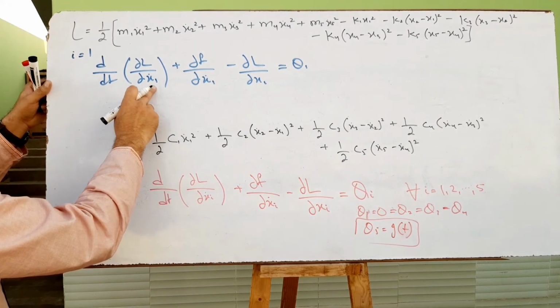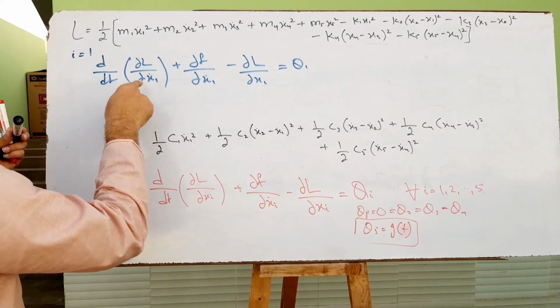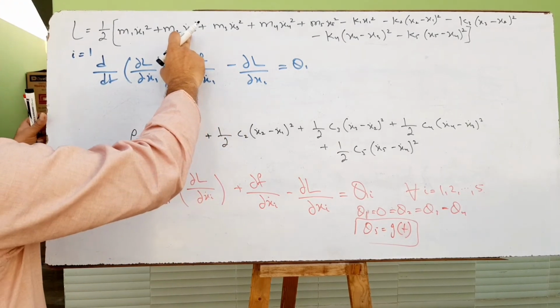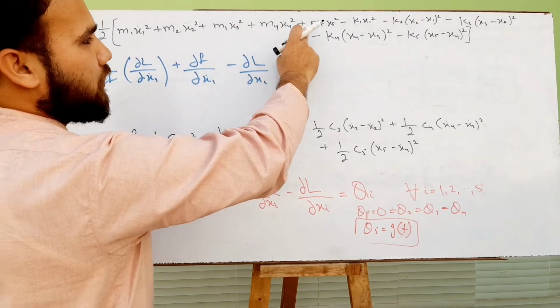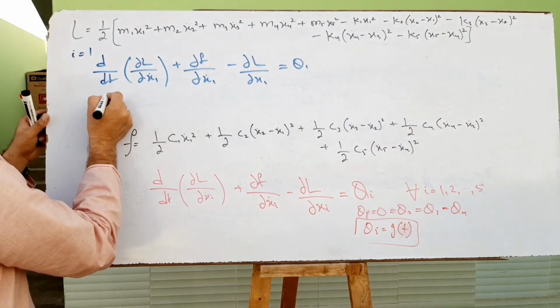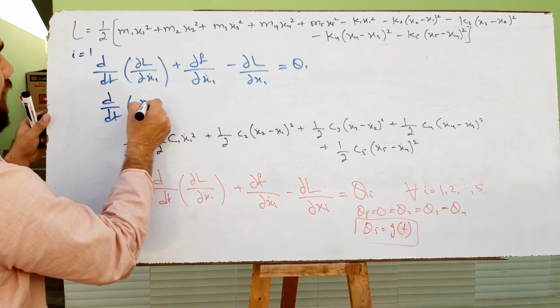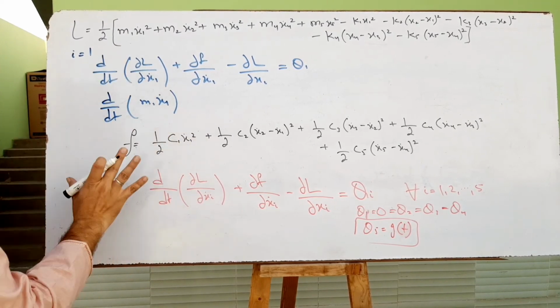Now for partial L by partial x dot 1, when we differentiate L with respect to x dot 1, only the remaining part will be from this one, m1 x dot 1, just this part.